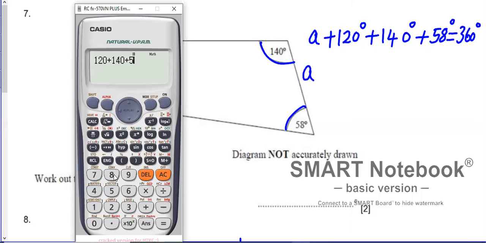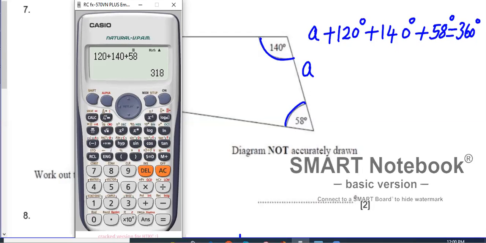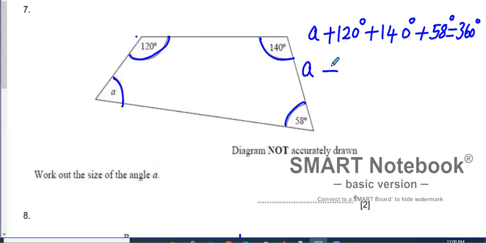That gives you 318. So it will be A plus 318 degrees equals 360 degrees.